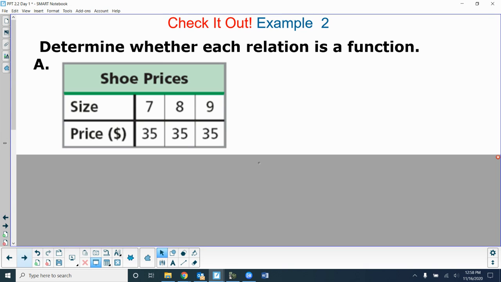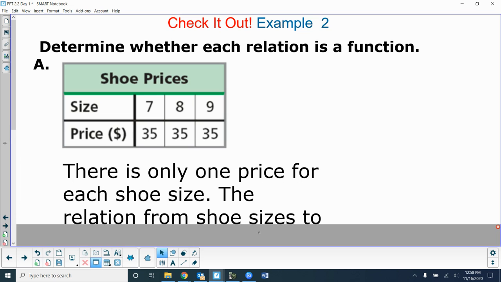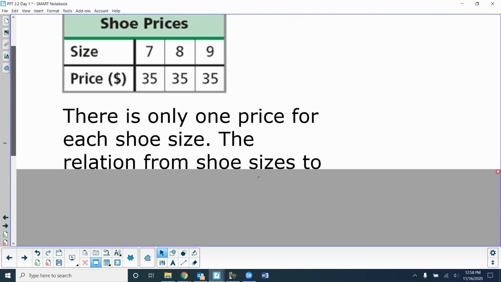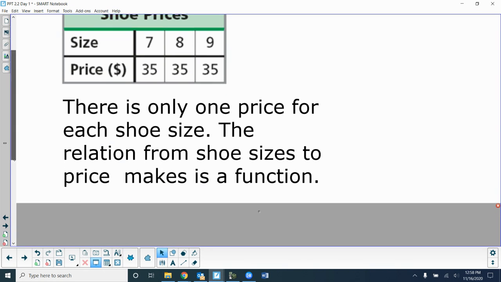Shoes. You got the size 7, 8, 9, the price $35. You know, are the prices going to change if you get somebody with a really big foot? You're still going to, if you're getting the same type of shoe, usually they're the same price, right? Unless it's some monster foot, that might be more. So there's only one price for each shoe size, so that's a function. All right?